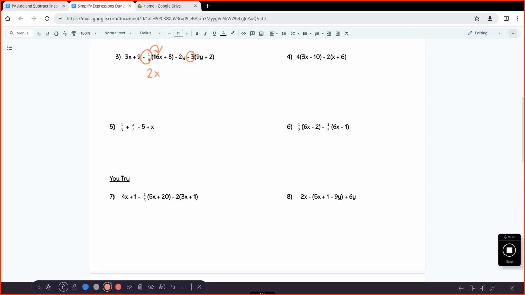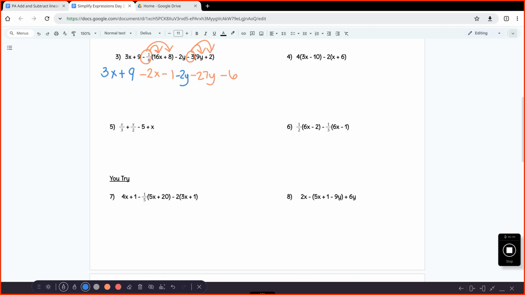And we have a negative times a positive, which gets us a negative. So we have here negative 2x. 1/8 of 8 is 1, and it's a negative times a positive, so that's negative. Over here, we've got negative 3 times 9y, which gets us negative 27y, negative 3 times 2, which gets us negative 6. Now, everything else will drop down.